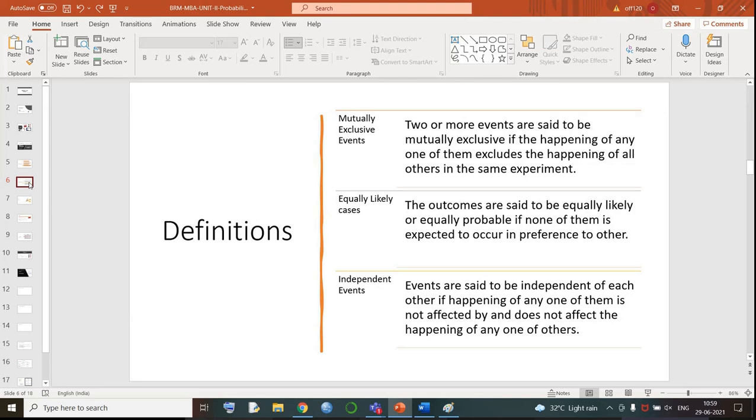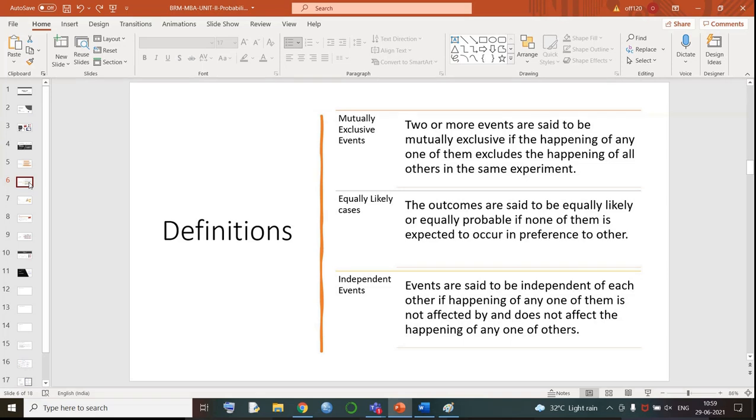Exclusive means what? Two or more events are said to be mutually exclusive if the happening of one of them excludes the happening of all others in the same experiment. Now, head is stopping the happening of tail. For suppose if tail is appearing, that means tail is stopping head. You'll be having only two outcomes, either success or failure. That means either you pass the examination or fail the examination.